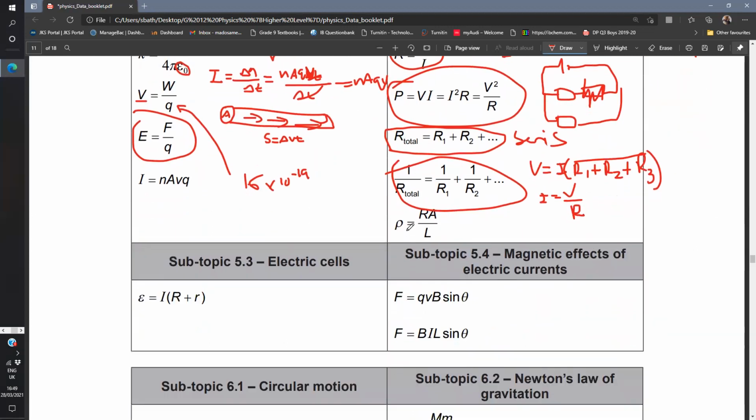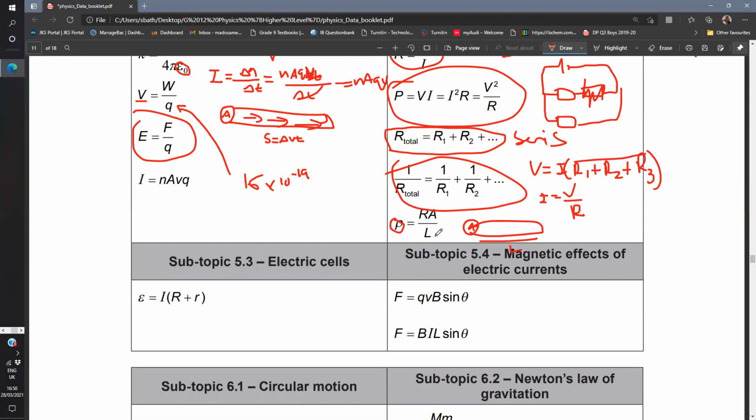Okay, how about the resistivity? So this is the resistivity of a material. It's dependent on the resistance times A over L. So let's say we have a specific material with area A, and the length of it is L. And of course, the resistivity depends on the material itself.